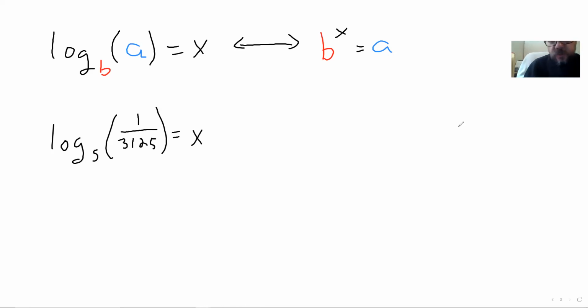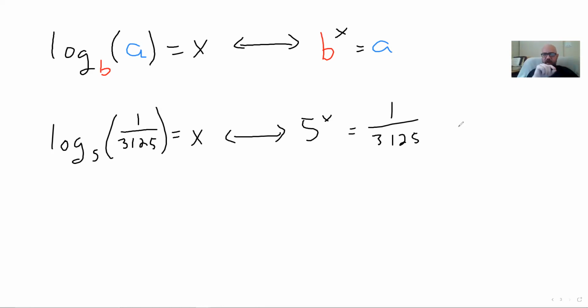So we want to put it in exponential form. 5 to what power equals 1 over 3125? Well, a thing that you might or might not know is that 5 to the 5th power is 3,125. So I know that 5 to the 5 equals 3125, but that's not the number that I want. I want 1 over that.